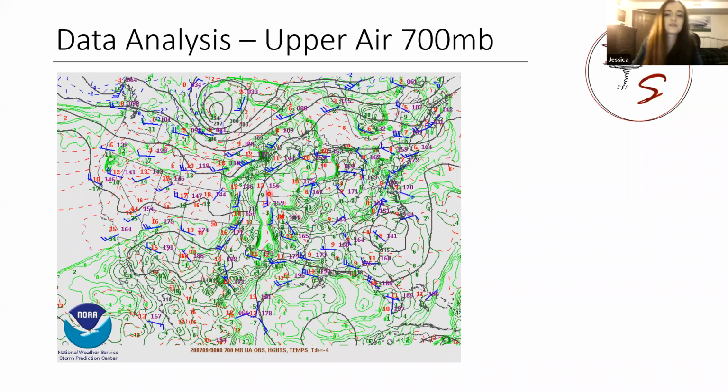Moving down to 700 millibars, again we're seeing that trough up here, and I really wanted to show this area of moisture pooling, which is in the vicinity of a mesolow that develops later this afternoon. This is 0Z, but it really started to develop earlier in the afternoon. So we had a little mesolow here and moisture converging in that region.